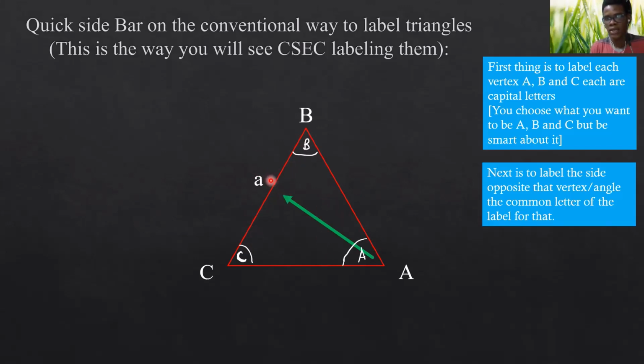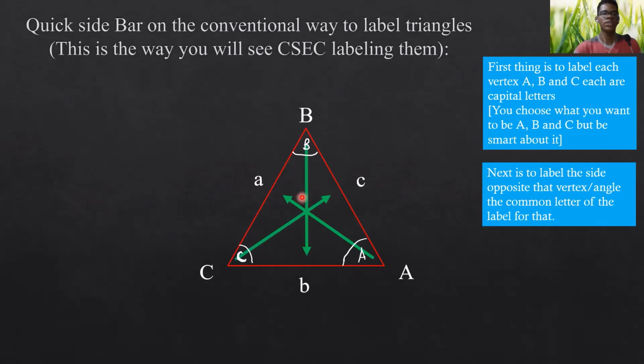It's labeled common A. So across here is common A, across here would be common C, across here common B. That's how the sides are labeled.